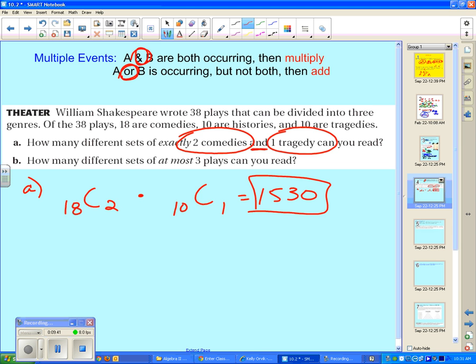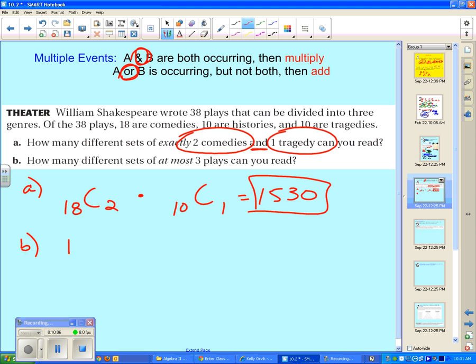If you didn't, you may want to check with the neighbor and see what they did differently. Okay, part B. This one's definitely trickier. At most 3 plays. Your teacher tells you you should read at most 3 plays. What would satisfy that? What would be okay to read? 1, 2, 3, none.